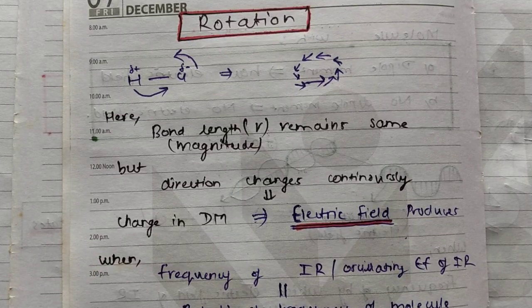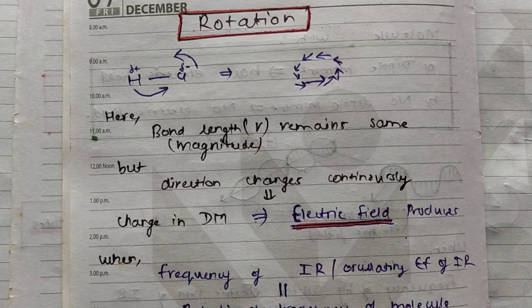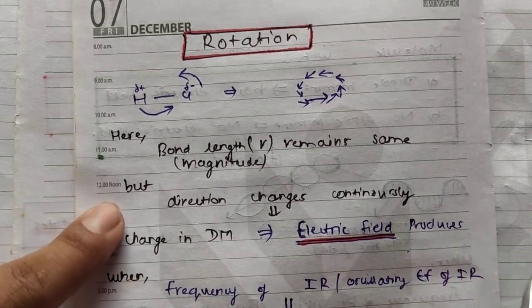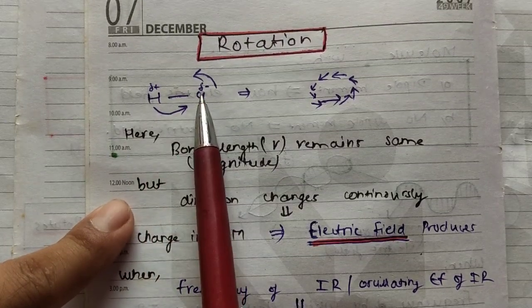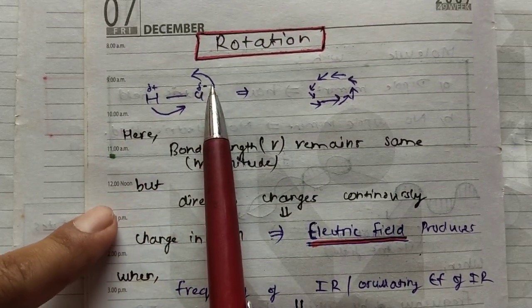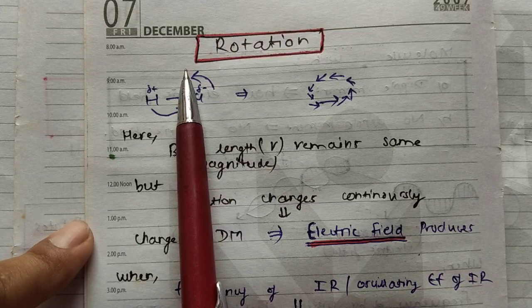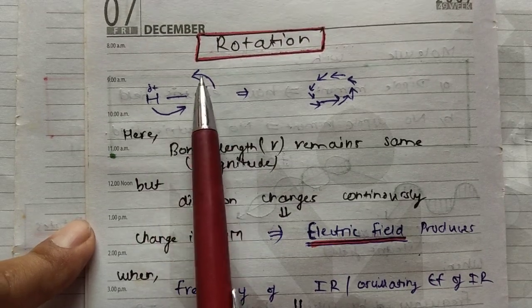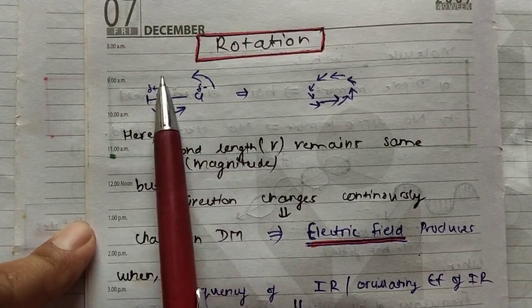Now coming to the rotation. As I told you before, each and every molecule vibrates and also rotates. First we will see how they rotate. Suppose this is HCl. Rotation means the chlorine moves, and along with it the hydrogen also moves, so they keep on rotating round and round.